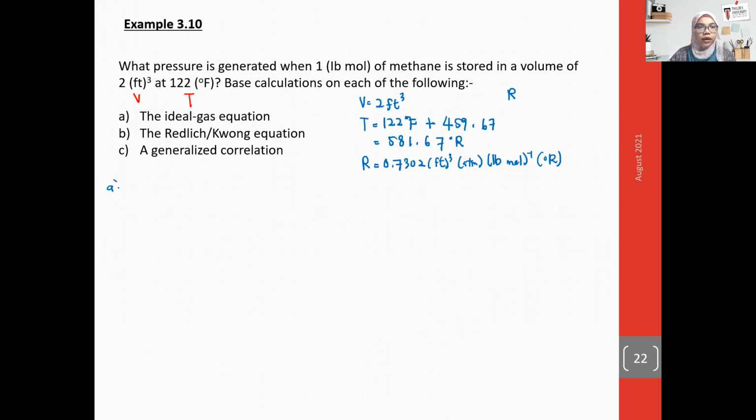Okay, so we start with A. PV equals RT, because for the ideal gas there is no compressibility factor introduced into the equation. To determine P, it is RT over V. So R here is 0.7302, the temperature we have, and also V here is 2.